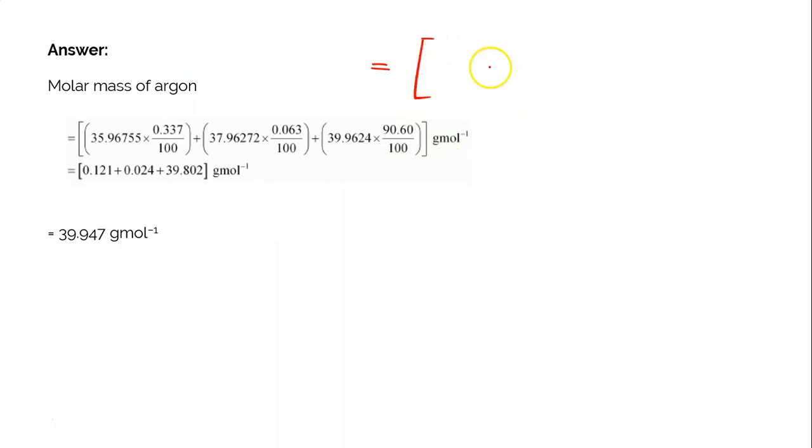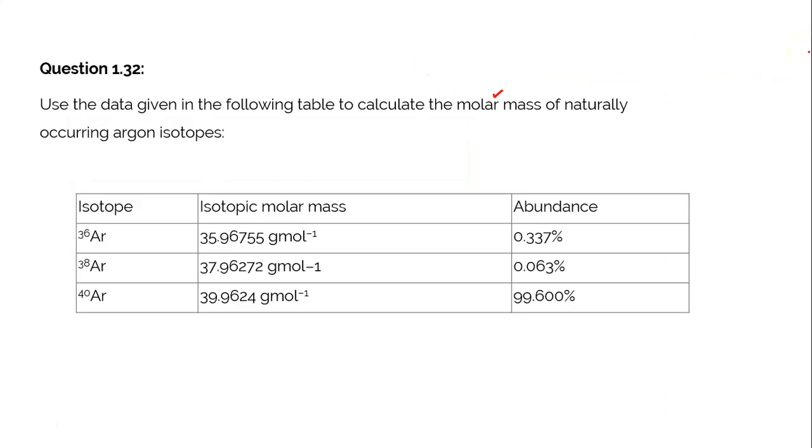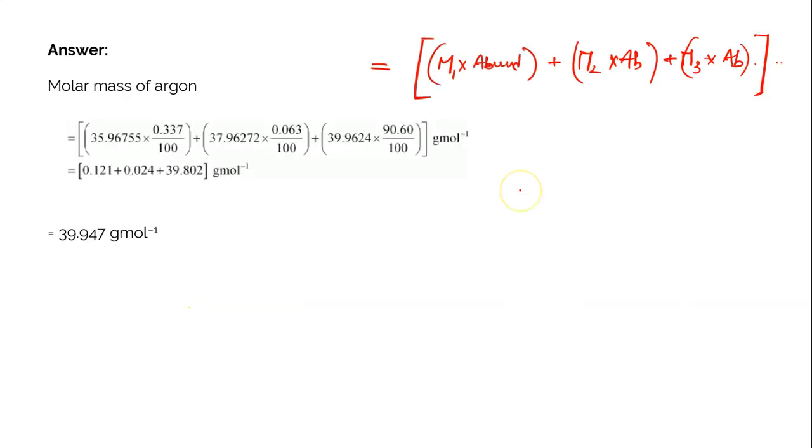The formula consists of the molar mass of that particular isotope into the abundance of that isotope, plus molar mass of the second isotope into abundance of the second isotope, plus molar mass of the third isotope into abundance of the third isotope, and it goes on. In case you are having 10 isotopes for an element, the formula goes up to 10. Say for example here for argon we have only 3 isotopes being spoken about, so I'm stopping the formula with 3 terms.